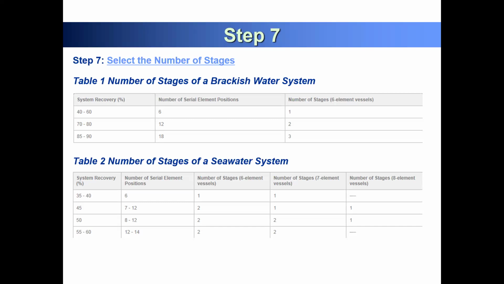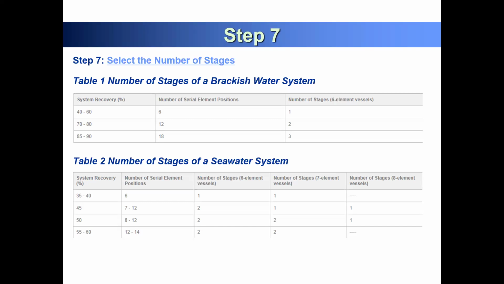If you want to increase your system recovery to 70, 80, 85, 90%, you have 18 serial element positions. Also, you can select the number of stages depending on your water recovery, 50%, 70%, 80%.